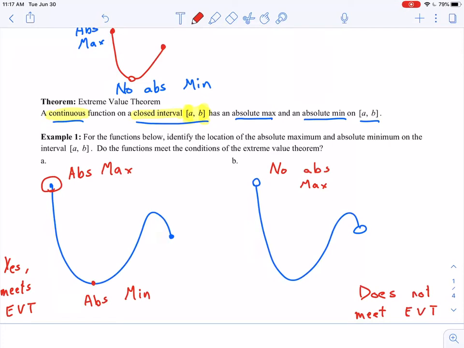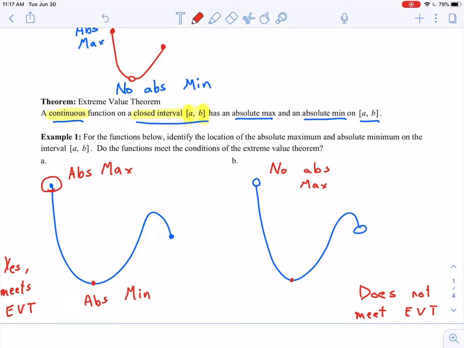However, just because it doesn't meet the conditions of the extreme value theorem doesn't mean that I don't have an absolute extreme value. I may still have an absolute maximum or an absolute minimum or both. The extreme value theorem is just a way to guarantee us. So it's possible to have an absolute extreme value while still not meeting the conditions for it.